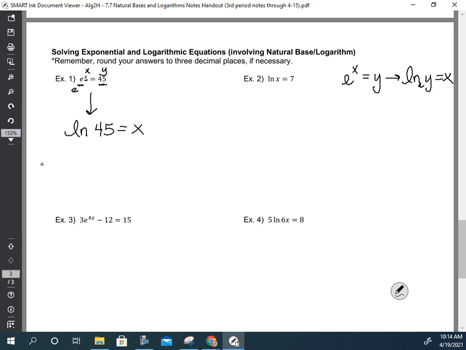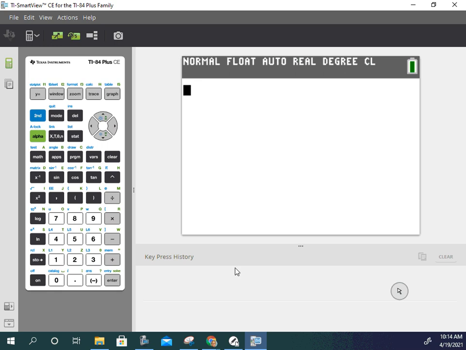Remember, natural log, you do not have to put e there. It's understood. If you choose to, that's fine. It's your business. Natural log of 45, it's a calculator issue. Now we'll let the calculator do some work. So let me pull my calculator up. Remember, natural log and the natural base are next to the number 4.